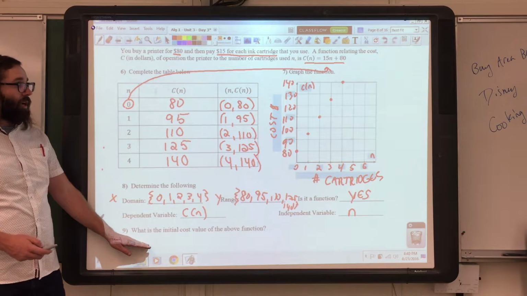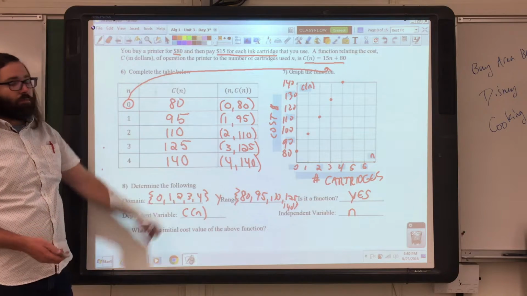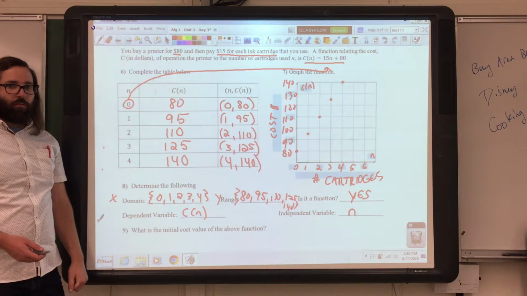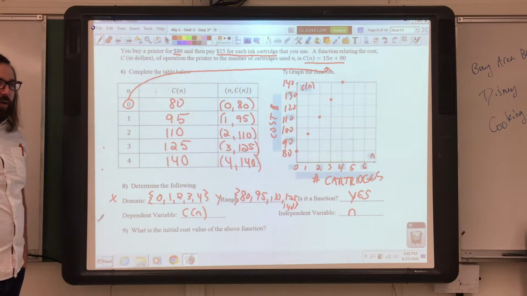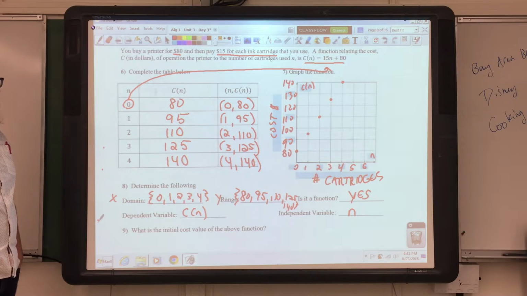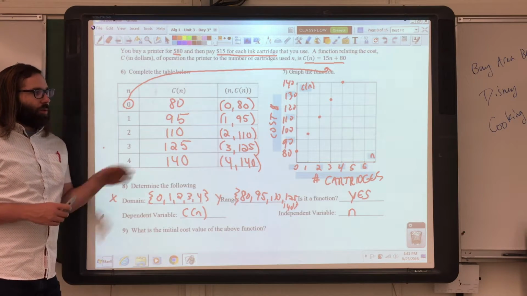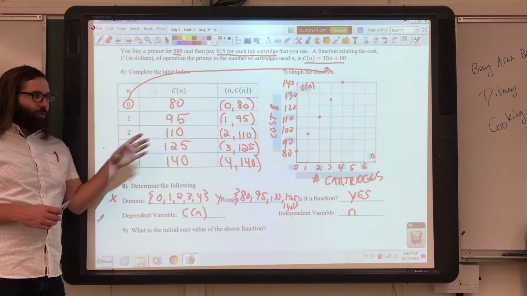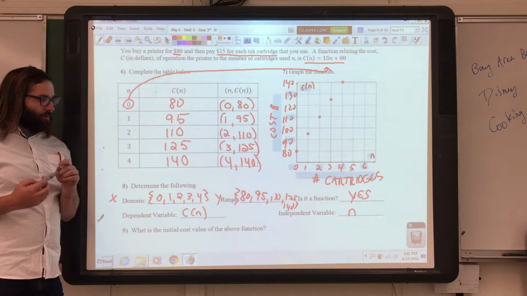The initial cost is going to be $80, because you don't buy any ink cartridges yet. If yours doesn't come with ink, then you have to buy one, so your initial would be 95. Hopefully, since we've been doing a lot of these, you're able to do this in your groups. If not, we need to go over this when I come back.